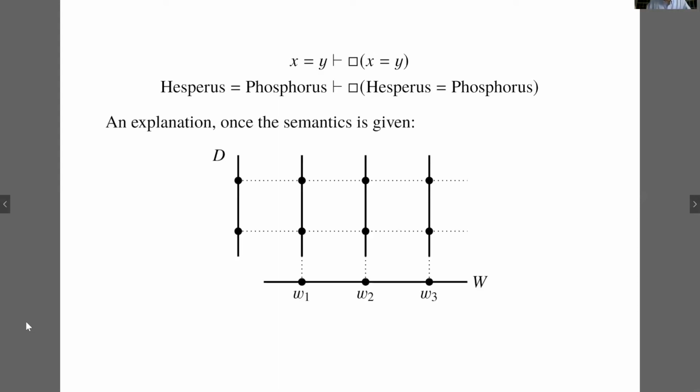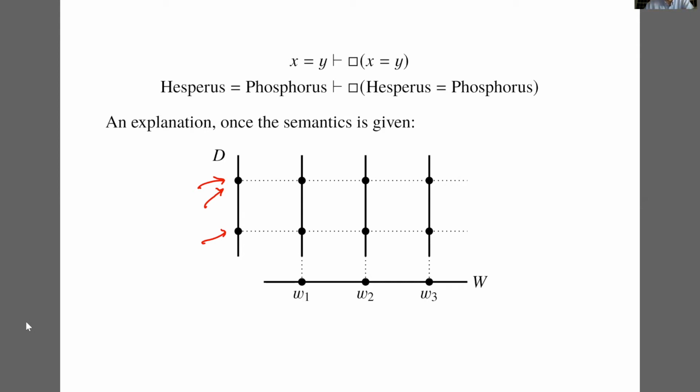So once the semantics is given, the explanation is extremely easy. Take x and y, or maybe Hesperus and Phosphorus. Hesperus may pick this, and Phosphorus may pick this or that, and depending on whether you pick the same thing or not, the choice determines the truth of this identity predicate.